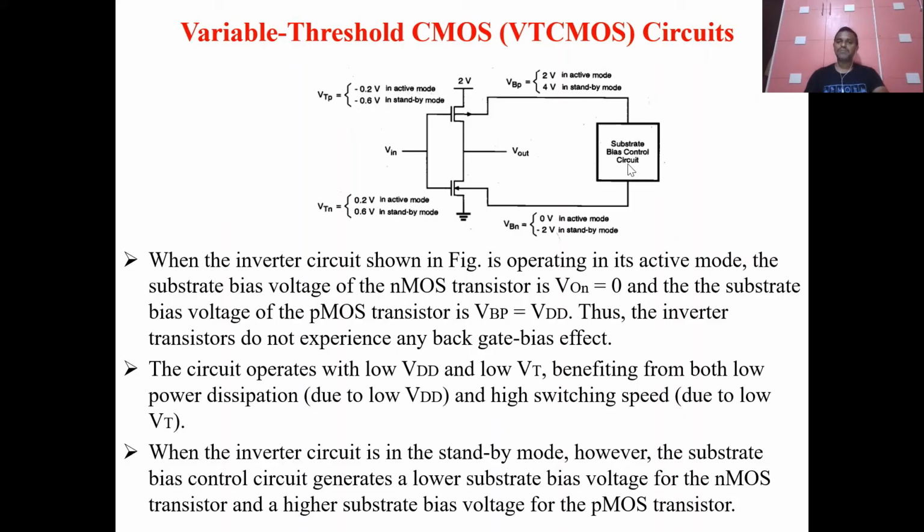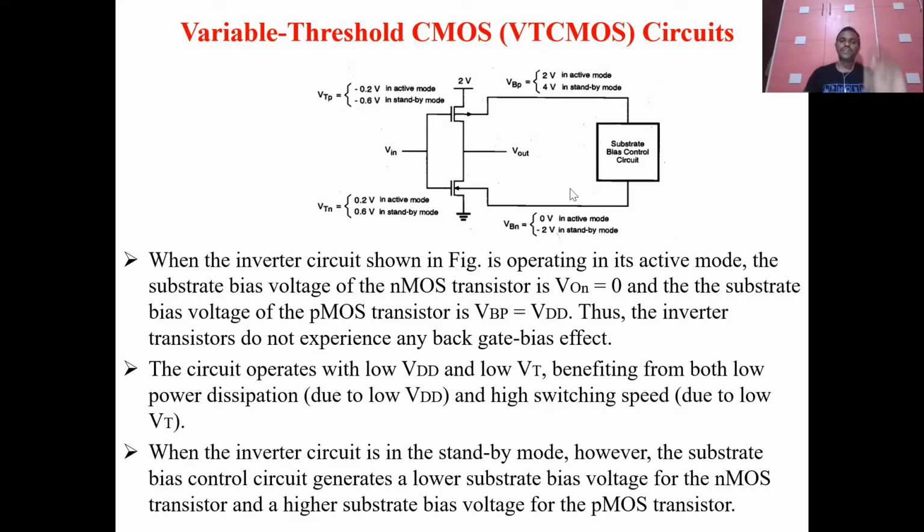At the same time, we are reducing the substrate bias to 0 for NMOS and 2 volts for PMOS in active mode. In standby mode, we do not keep these threshold voltages at 0.2 volts. We have to increase them, otherwise we will get the sub-threshold effects.